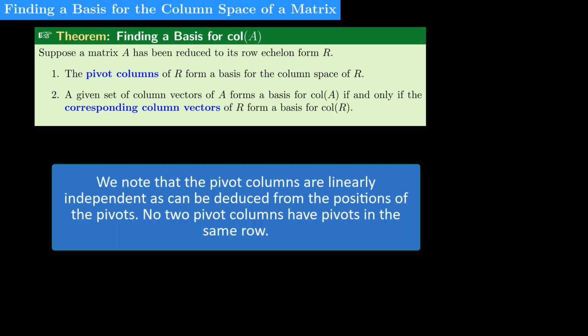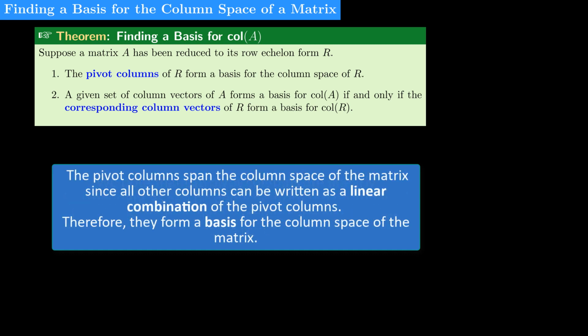We note that the pivot columns are linearly independent, as can be deduced from the positions of the pivots. For example, no two pivot columns have pivots in the same row. Also, the pivot columns span the column space of the matrix, since all other columns can be written as a linear combination of the pivot columns. Therefore, the pivot columns form a basis for the column space of the matrix.